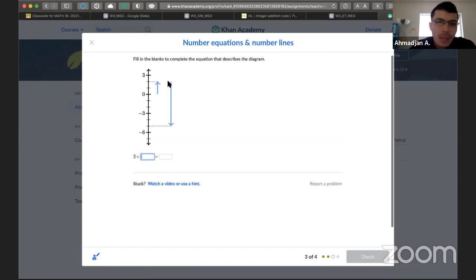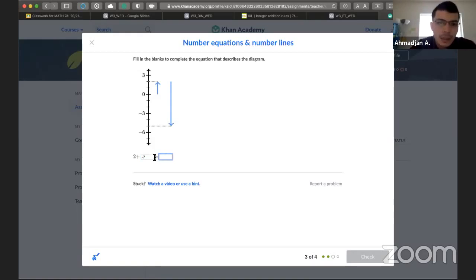It starts at the end of the first arrow, right here. How many blocks is it moving downward to the bottom? Let's count it. 1, 2, 3, 4, 5, 6, and 7. Because it's going down 7, you're going to put a negative sign in front of the 7, okay?